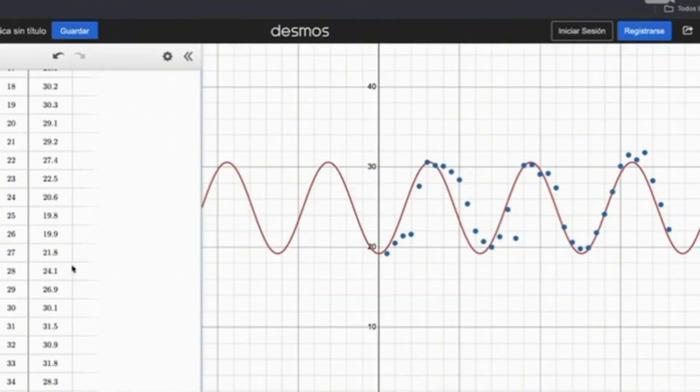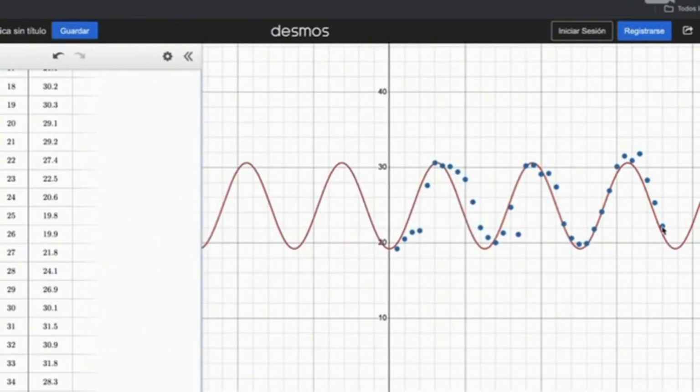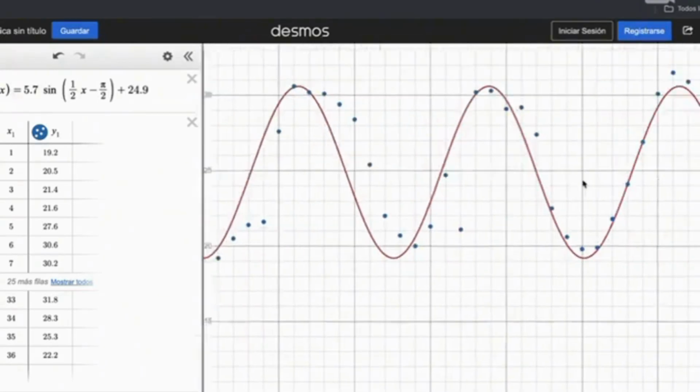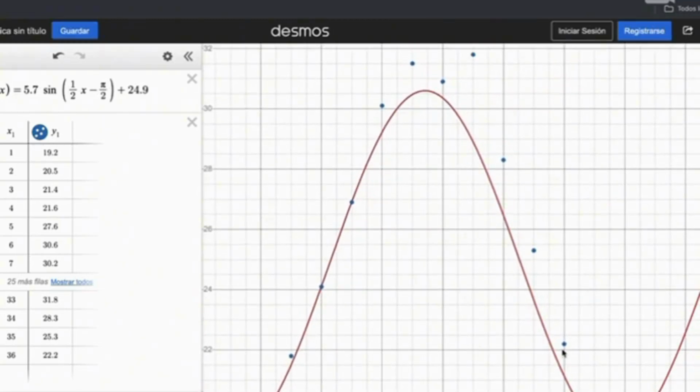The next step was adding the values from 2023 from the Conagua website in the graph of Desmos. This works as a reference for our predictions. Then we saw the original point, which is the blue point, and then we saw where the same point was but within the red graph, being this our prediction.